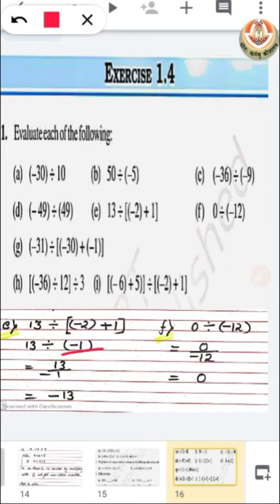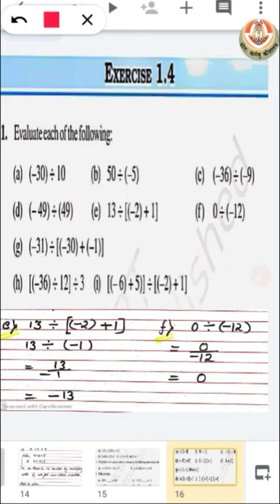Now this division becomes very simple, 13 is divided by minus 1. One negative, one positive, the answer will be negative, and the division of 13 and 1, the answer is minus 13. Okay, class?